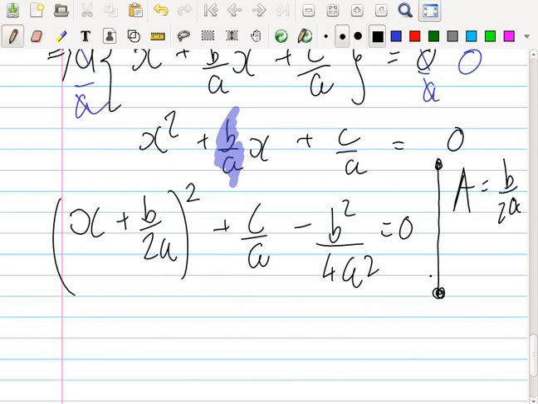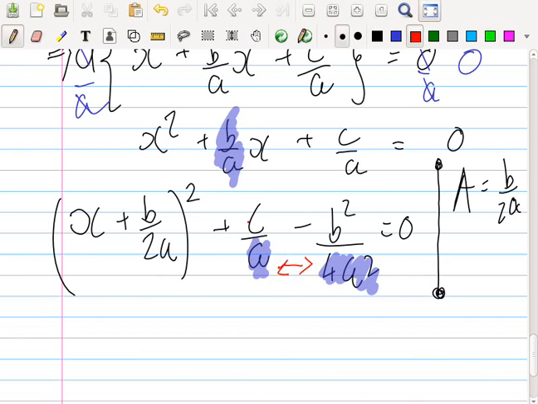But before I take them over to the other side, I think I'll try to make them one fraction. Now if I look at the denominators here, this denominator is 4a squared, and this one here is just a. So if I want to be smart about this, what should I multiply this and this by to make them the same denominators? 4a.